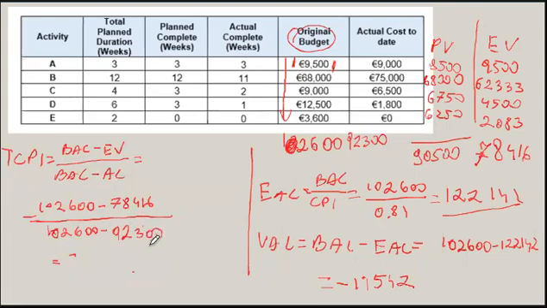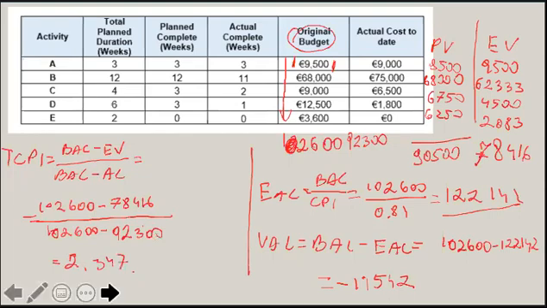So you can see that this number is going to be greater than 1 because the number above the line is greater than the number below the line. So 102,600 minus 78,416 divided by 102,600 minus 92,300 gives us quite a large performance index of 2.34.